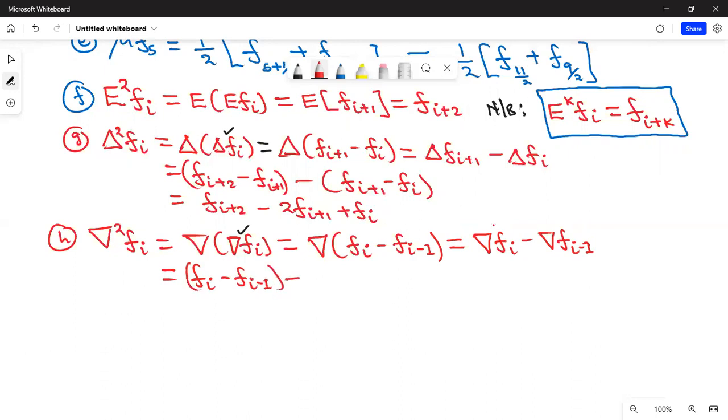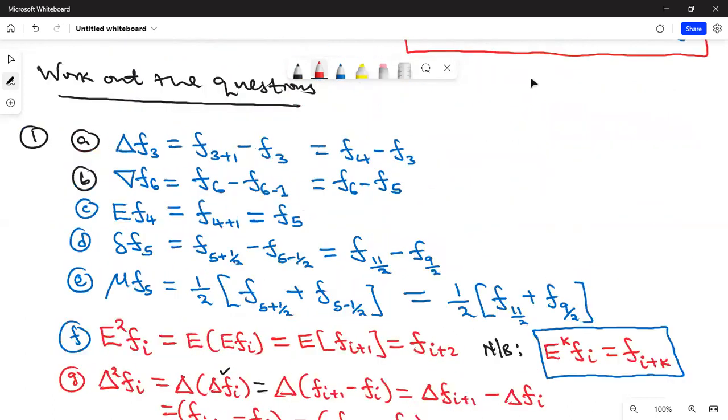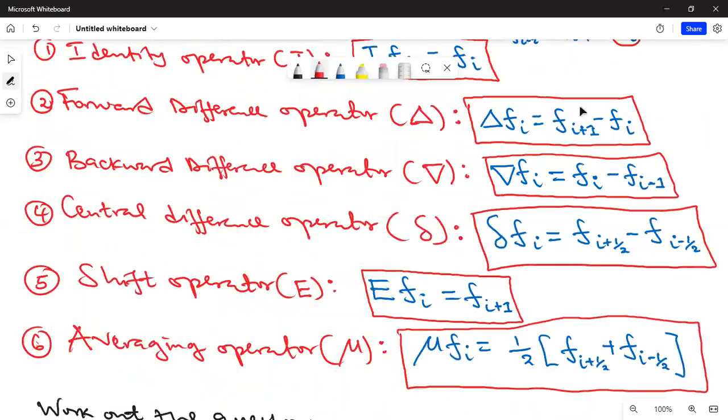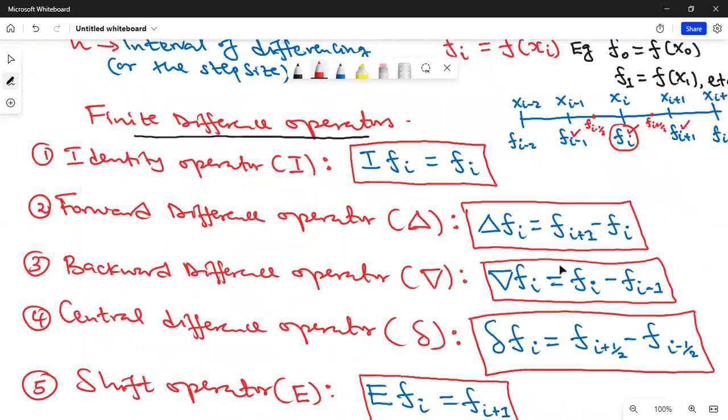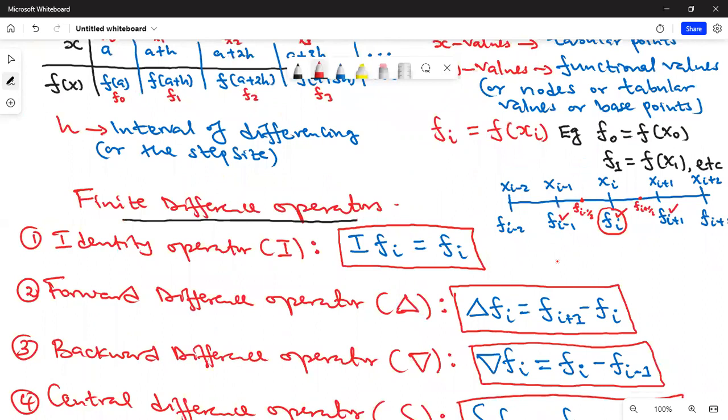Then I have another minus. What about backward difference of Fi minus 1? You can go back to the diagram. For Fi minus 1, you want the backward difference. So you are here. When you are at Fi minus 1, it is the current, which is Fi minus 1, minus the previous, so minus this. So it is Fi minus 1 minus Fi minus 2.